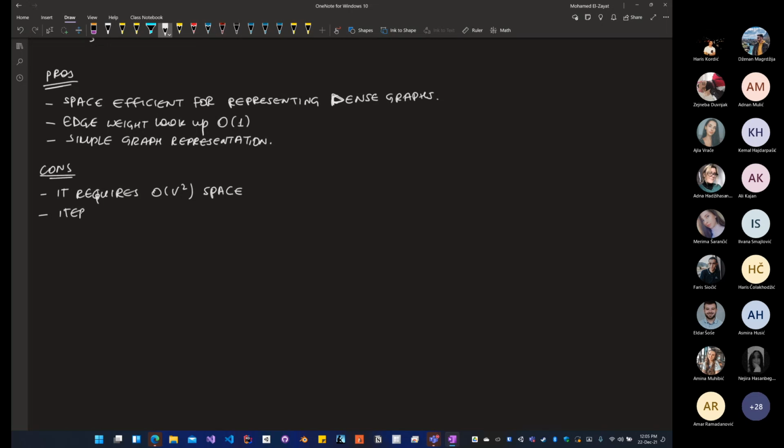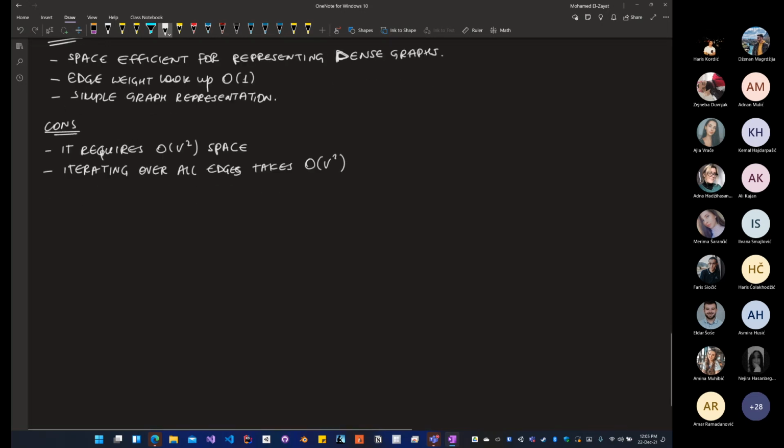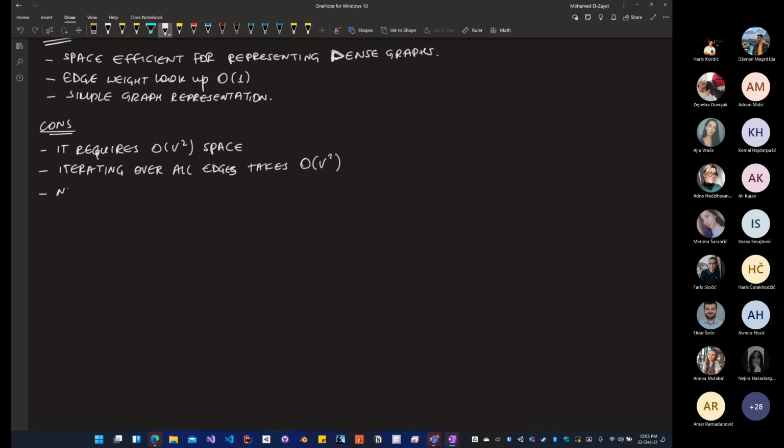Iterating over all edges takes O of V squared as well. If I say give me every edge in the graph, it's a nested for loop. Not that efficient.